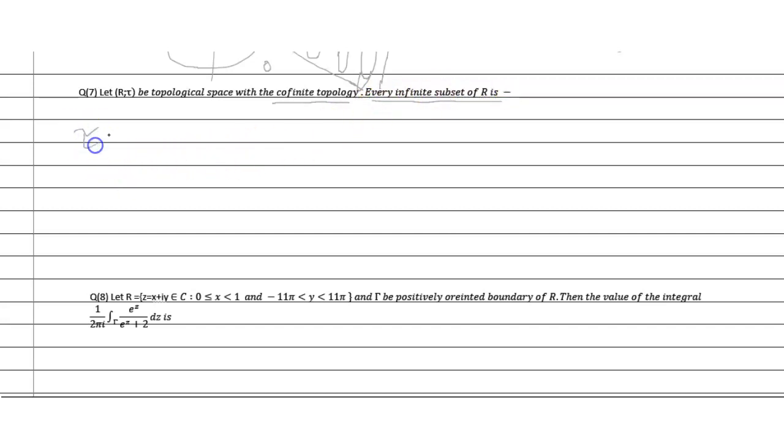So tau equals the subsets A of R such that A complement is finite. This is the definition of cofinite topology. I also discussed this point before.